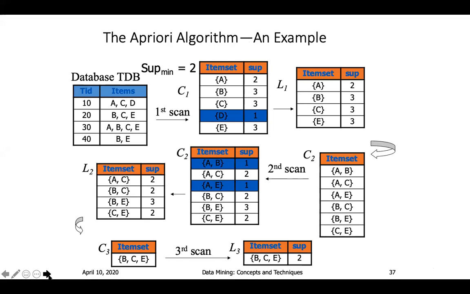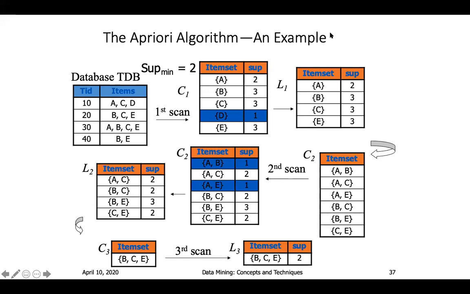The first scan contains the frequency of each individual atom in the entire data set. This is what the first scan you need to do. So what happens in the first scan? A, how many times has it occurred, B, how many times, C, D, E. What is the frequency of A?